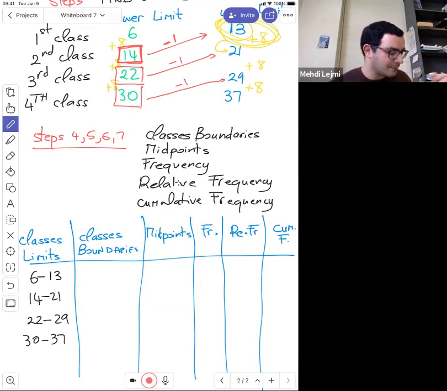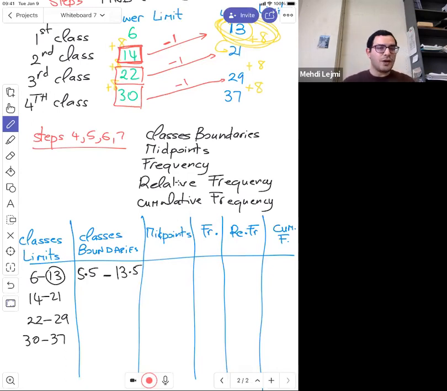So it's 6 minus 0.5, so that will be 5.5. Now for the upper boundary, you need to add 0.5 to the upper limit. The upper limit is 13, so that's 13 plus 0.5, so that's 13.5.